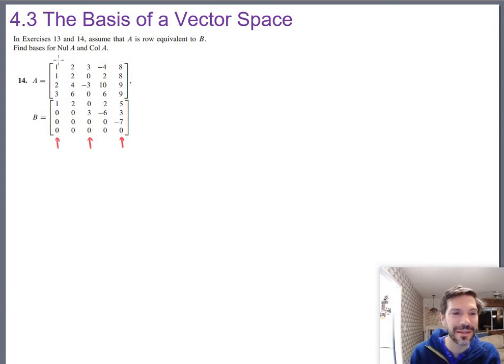So the basis for the column space is going to be this one, and this one, those three together, are the basis for the column space of A.